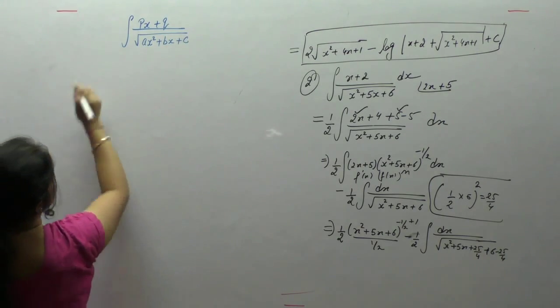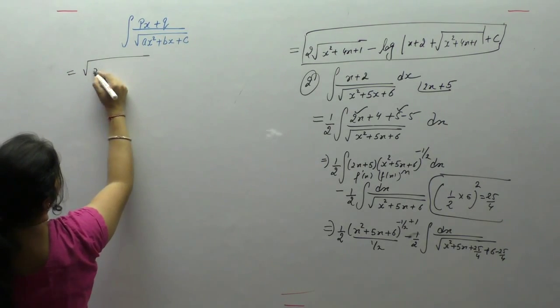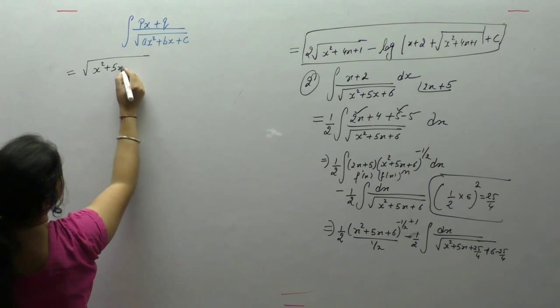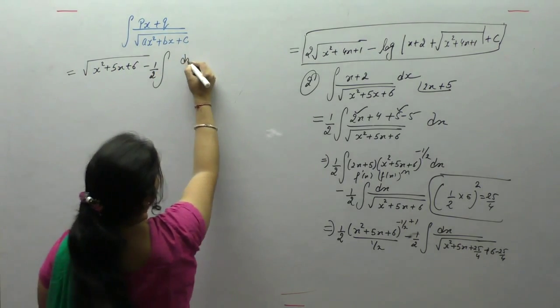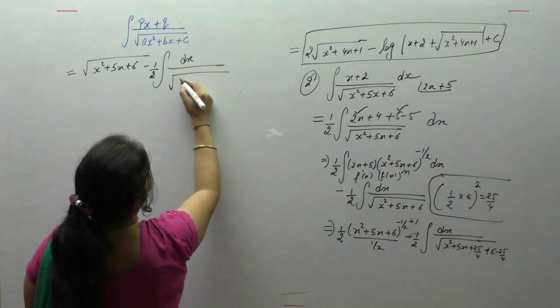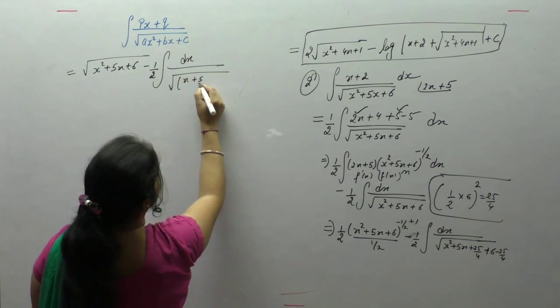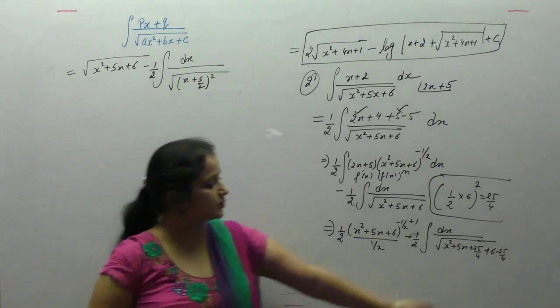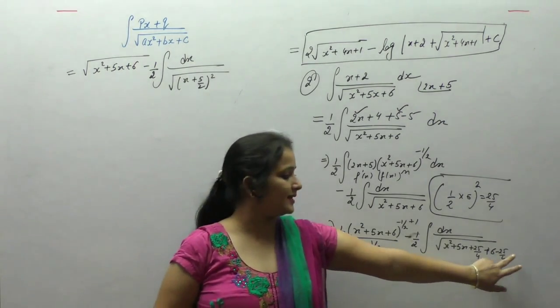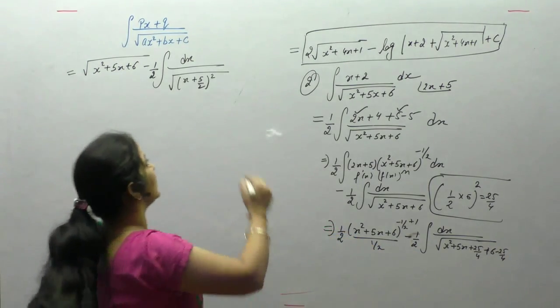Half into 2 is 1: square root of x square plus 5x plus 6, minus 1 by 2 dx upon x plus 5 by 2 whole square. Take the LCM: 6 into 4 is 24 minus 25, minus 1 by 4.